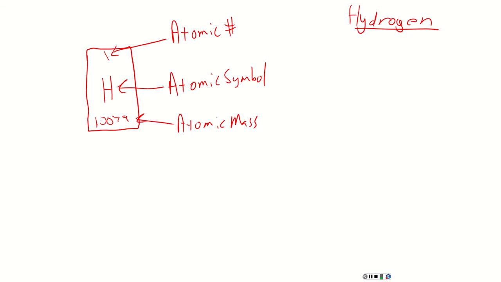But now and then we will get something like atomic number 11, which is sodium. And if you look on your periodic table, atomic number 11, sodium, what's its atomic symbol? Na. Well, that's because sometimes they use the Greek or Latin words for these.